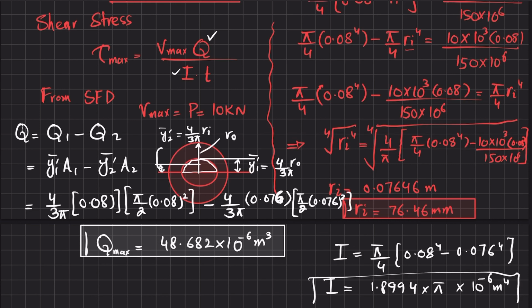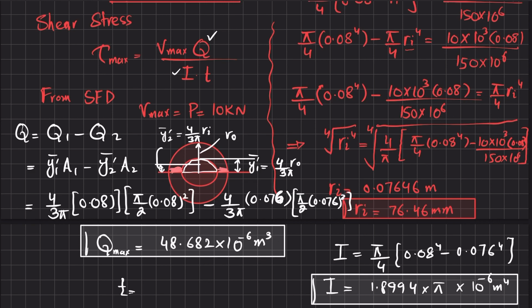Now you have this value. What will be the thickness? The thickness will be this thickness plus this thickness, so 2 times 3.54 millimeter. So the thickness will be this one.